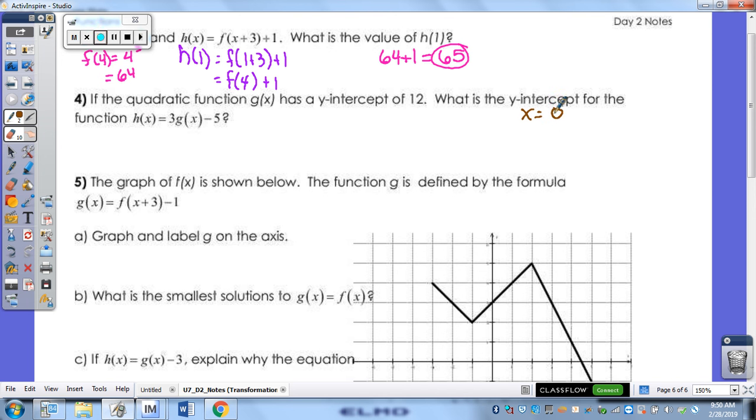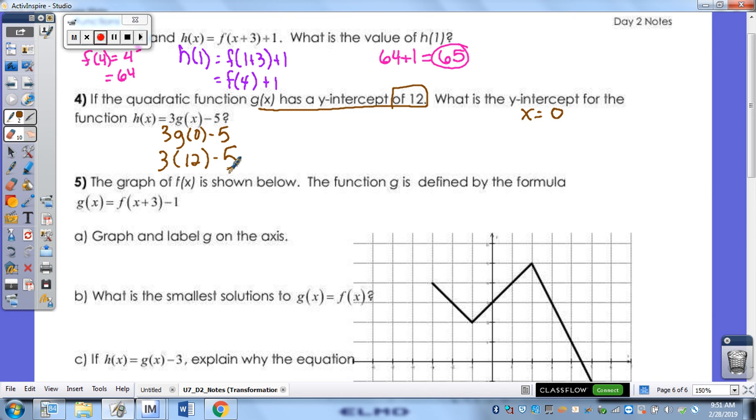X is a 0 because you're on your y-axis. So your x is a 0 for that. So 3 times g of 0 minus 5, which we already know for the g function, it has a y-intercept of 12.